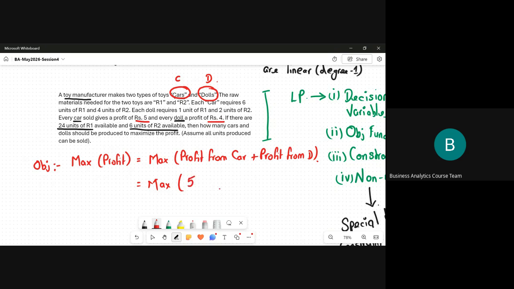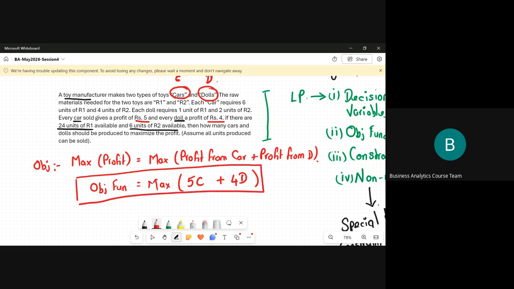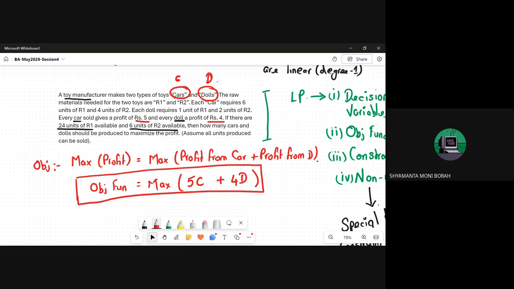So 5 if I sell one car, 4 if I sell one doll. How many am I going to sell? I'm going to sell C cars and D dolls. So 5C plus 4D. So this is going to be your objective function. All of you with me so far? Yes, no? Yes. Okay. So this is the objective function.